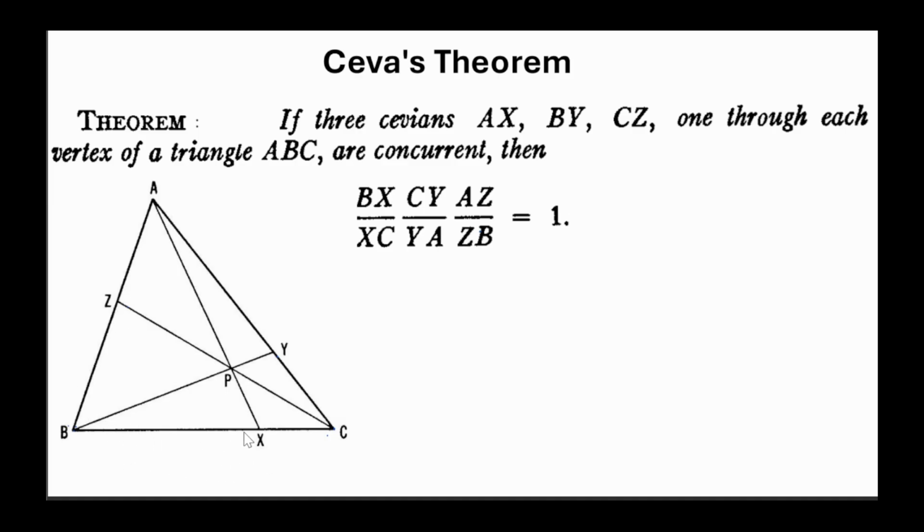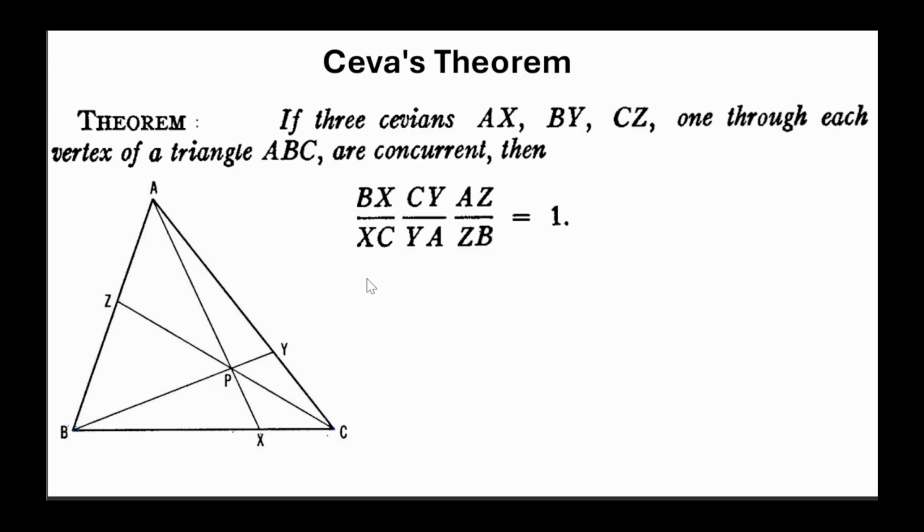So the ratio BX upon XC into CY upon YA into AZ upon ZB is equal to 1. We need to prove this result. This is the condition that the three Cevians AX, BY, CZ are concurrent if and only if they satisfy this condition, that is BX upon XC into CY upon YA into AZ upon ZB is equal to 1.